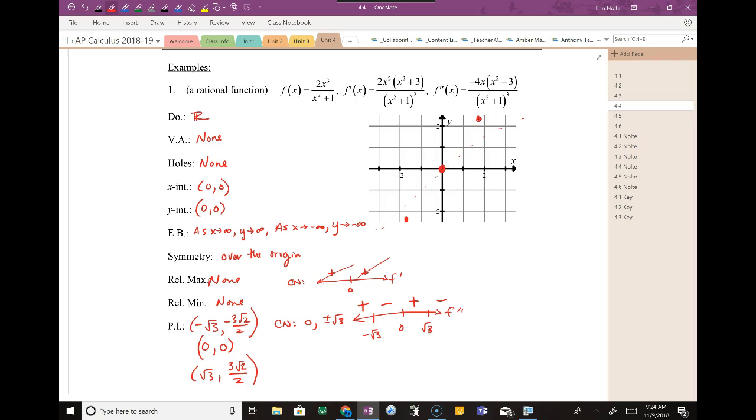Okay, so if I start to the left of this negative square root of 3, I know that the end behavior has to be going down to negative infinity, right? I also know what kind of slope it has. A positive slope. And I also know what kind of concavity. Positive, right?